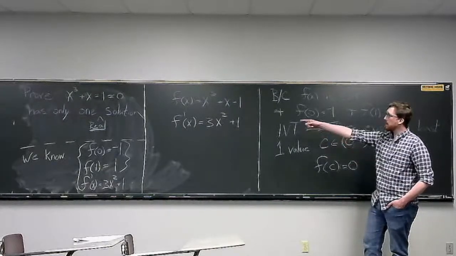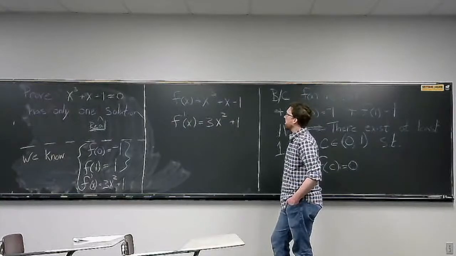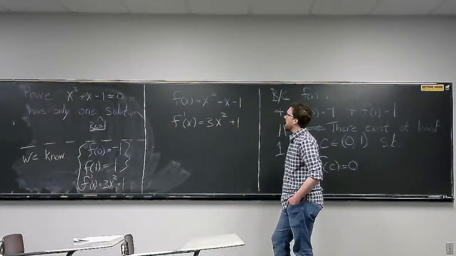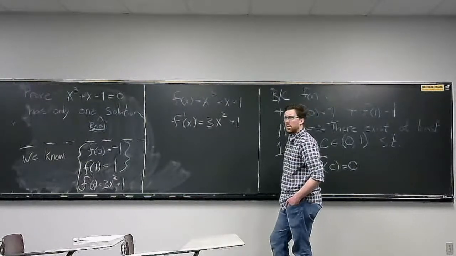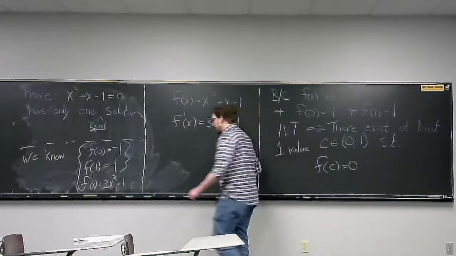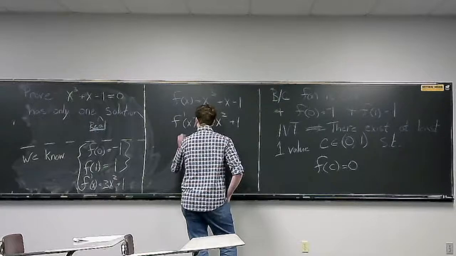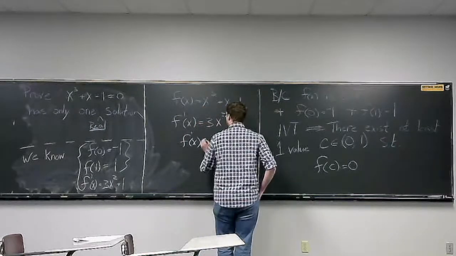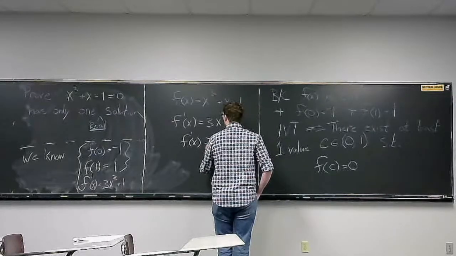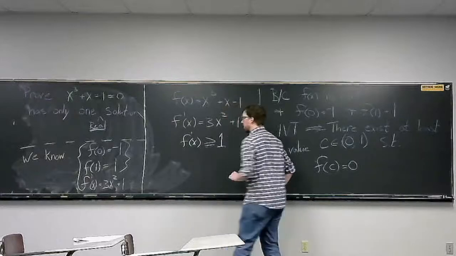Well, now we come over here, and we say our function is equal to x cubed plus x minus 1, but its derivative is equal to 3x squared plus 1. And this derivative is always greater than or equal to 1.